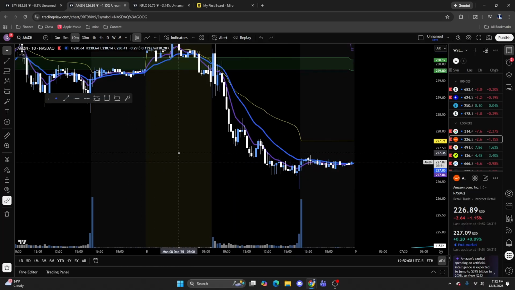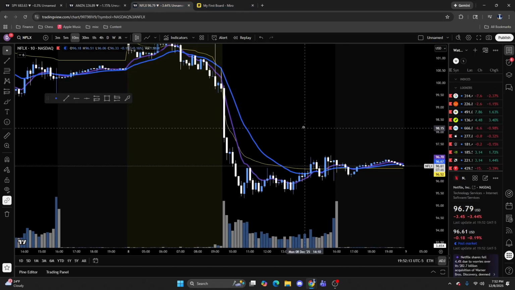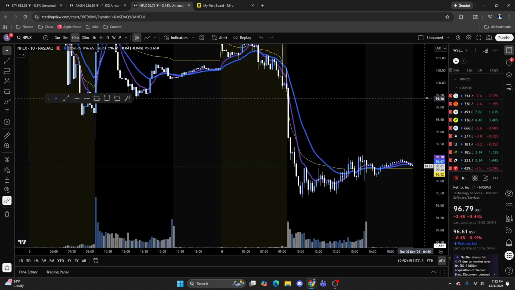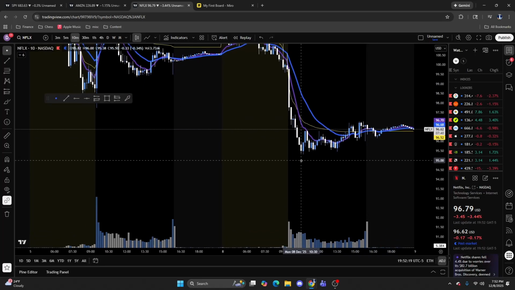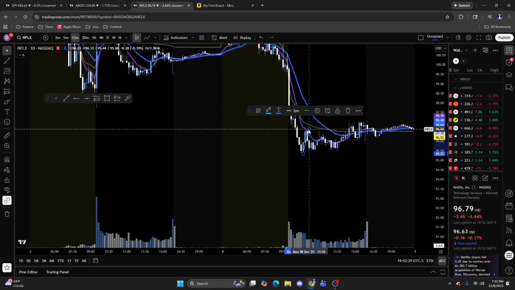Now, what is a not so high quality pullback? Something like Netflix today. Now let's look at why. A lot of traders will see this and think, all right, I'm going to get in on this pullback, which is fine, but it doesn't follow the system, right?